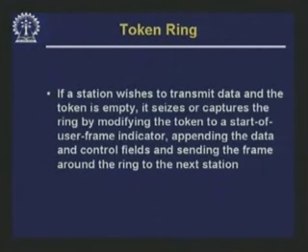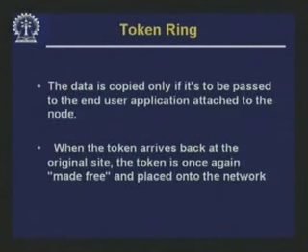So if a station wishes to transmit data and the token is empty, that means the ring is free, it seizes or captures the ring by modifying the token to a start of user frame indicator, appending the data and control fields and sending the frame around the ring to the next station. So the next station now will get the token as well as the frame, which will pass on till we get to the node where the data is copied only if it is to be passed to the end user application attached to the node.